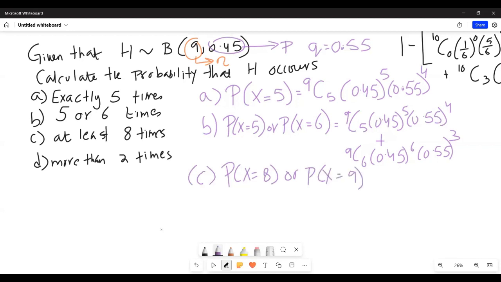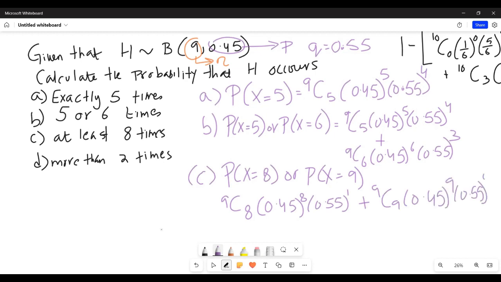Okay, add these. So it's going to be 9C8, 0.45 power 8, 0.55 power 1, or means plus 9C9, 0.45 power 9, 0.55 power 0.